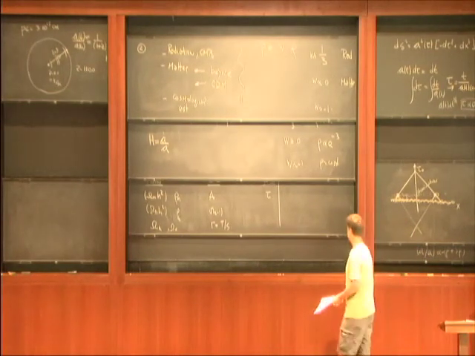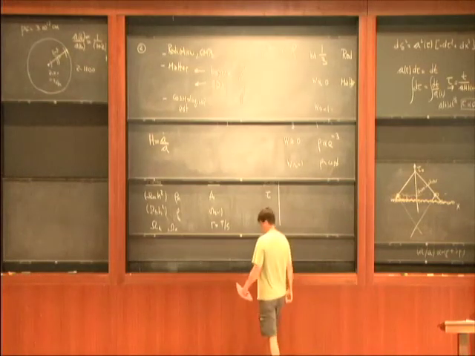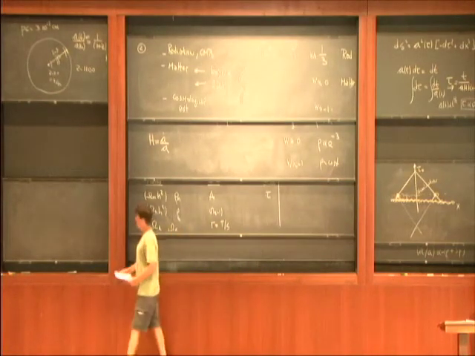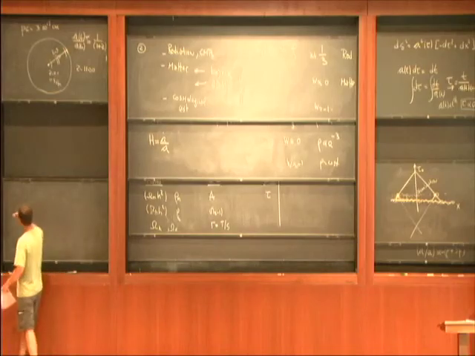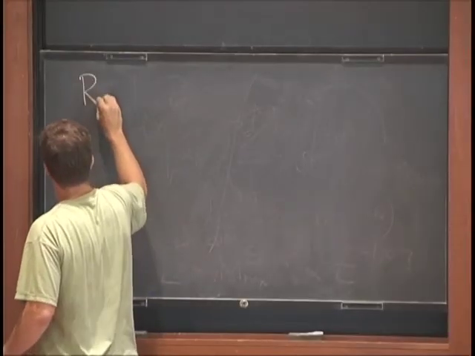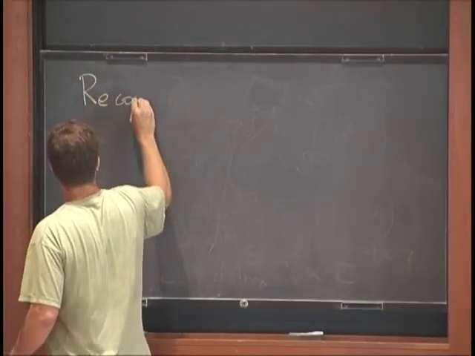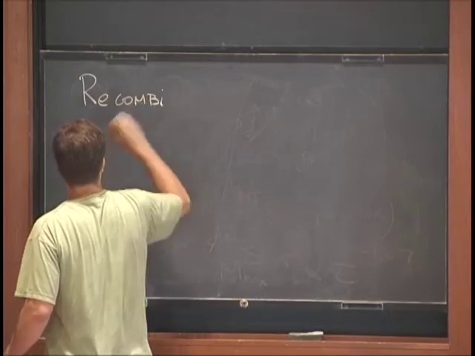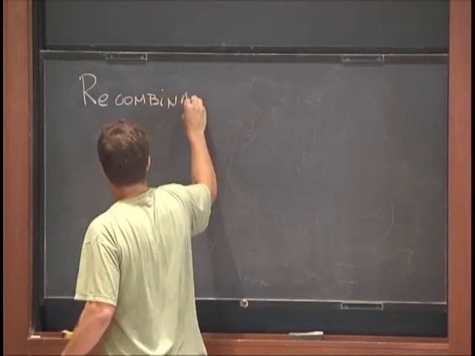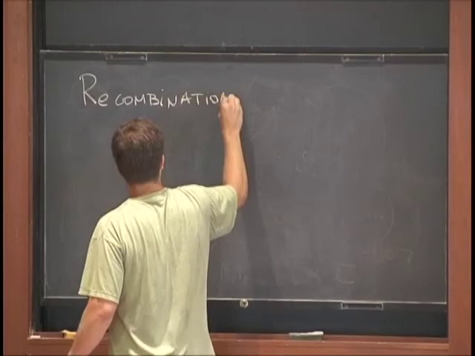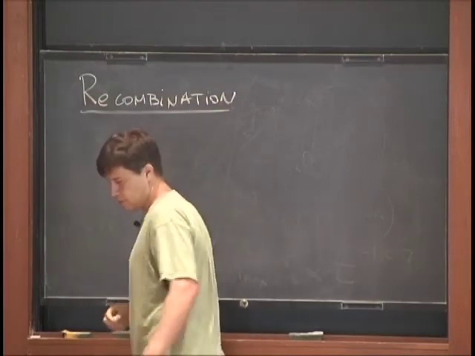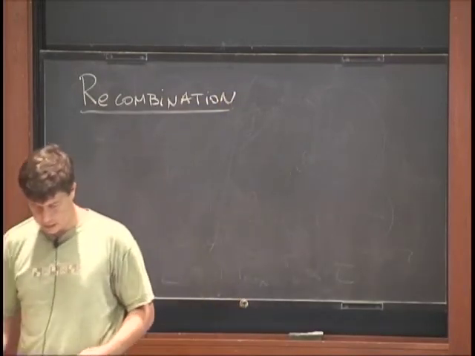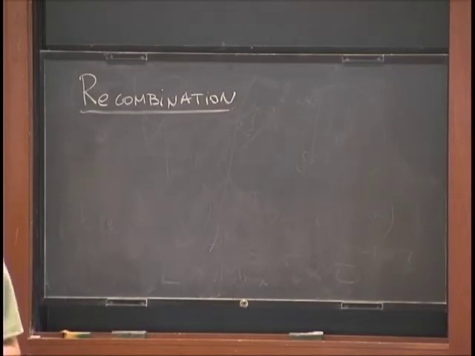So the first thing, I guess, to understand what we observe is recombination, to understand the fact that recombination happened.